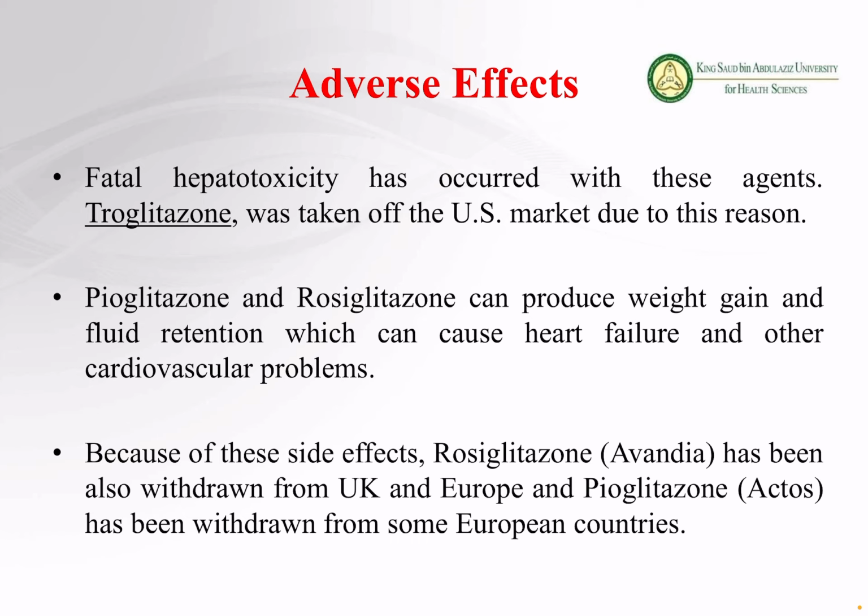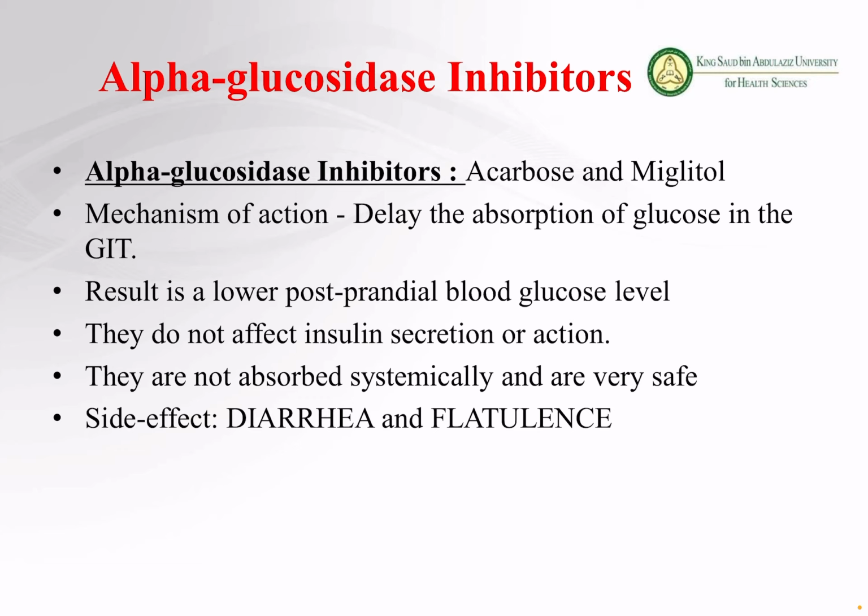So these are the insulin sensitizers we discussed, the biguanides and the thiazolidinediones. Then we have another class of drug called alpha glucosidase inhibitors. The two examples here are acarbose and miglitol.